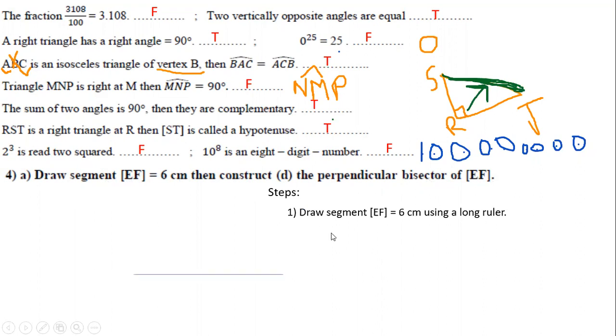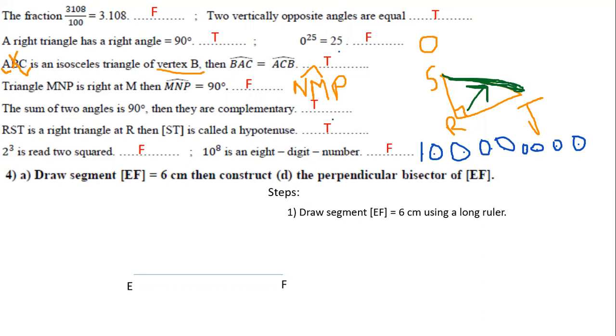So we draw a segment and we name it EF. This is the first step. Now to construct the perpendicular bisector of segment EF, what should we find for EF? To draw the perpendicular bisector, what should we find first for EF?